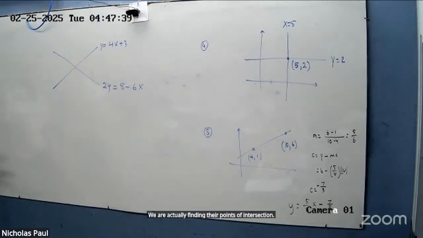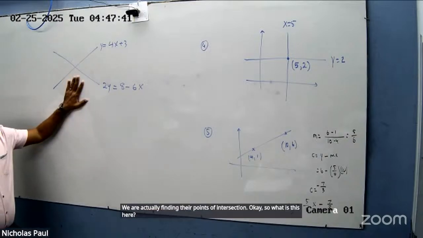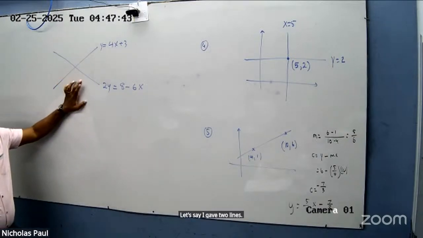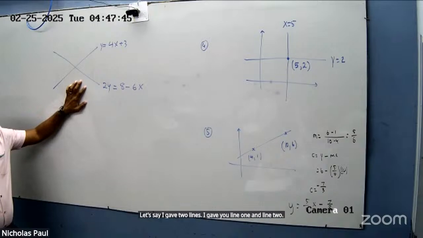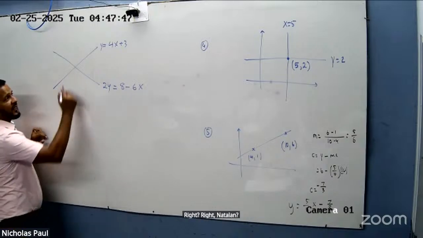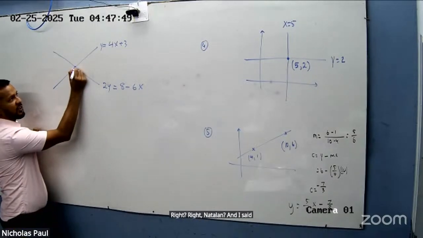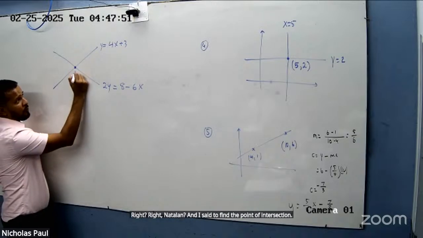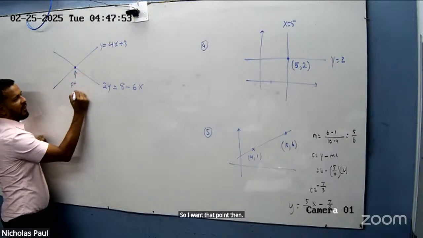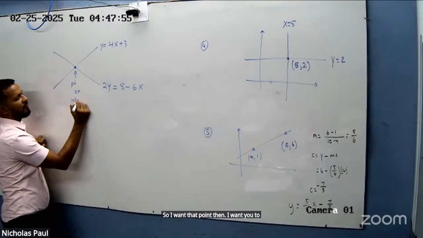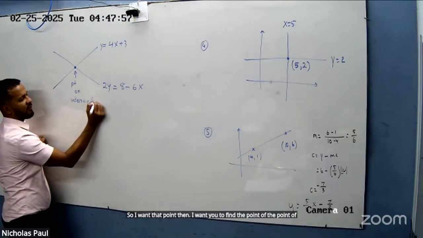Okay, so watch this here. Let's say I gave you two lines, line 1 and line 2, right, Nathan? And I said to find the point of intersection.